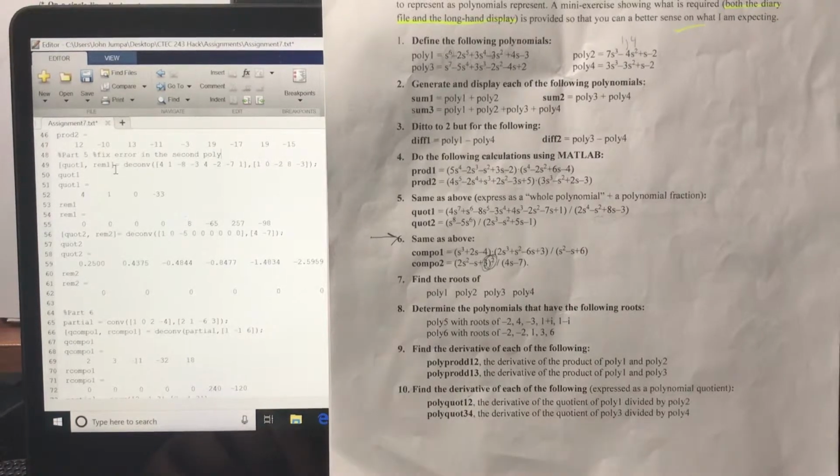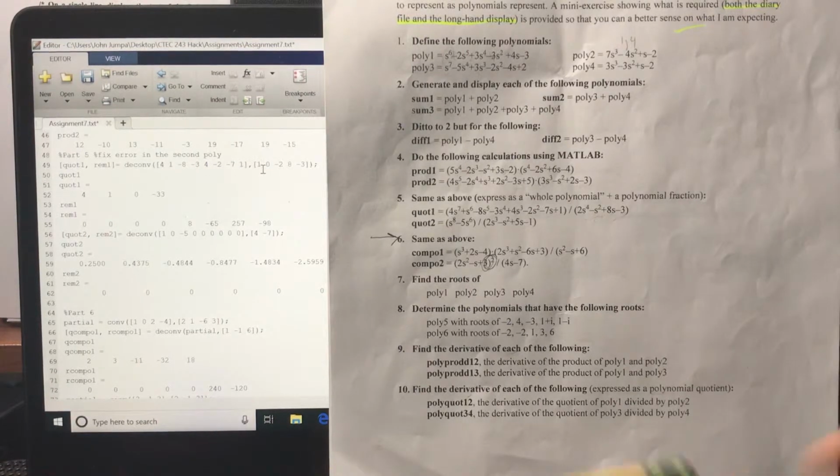So it's not supposed to be a 1 here. It's supposed to be a, this is part 5, I believe, right? Yep. It's supposed to be a 2, then a 0, then a 1, then 8, and minus 3. Let me check if I did an error here.